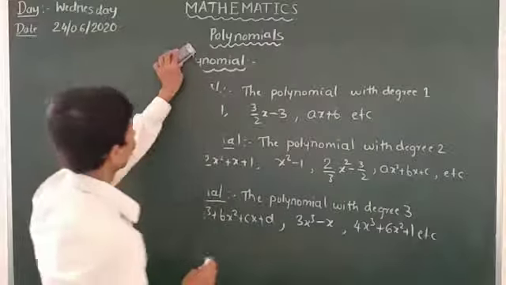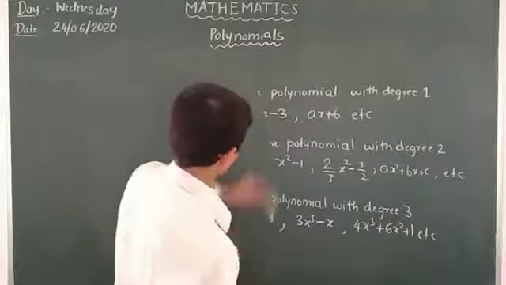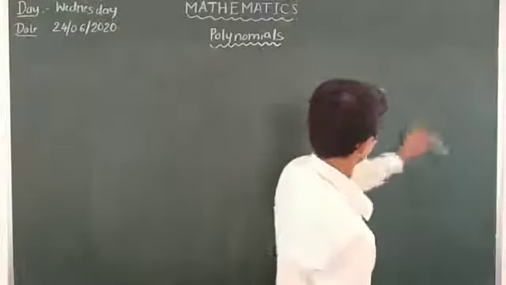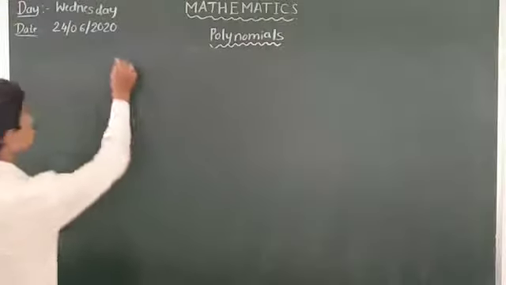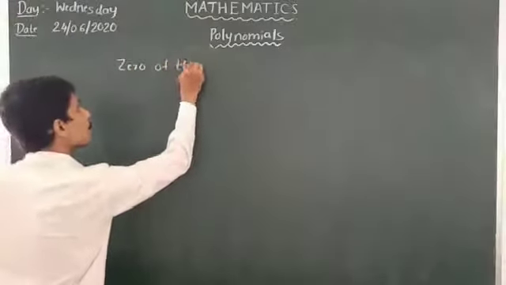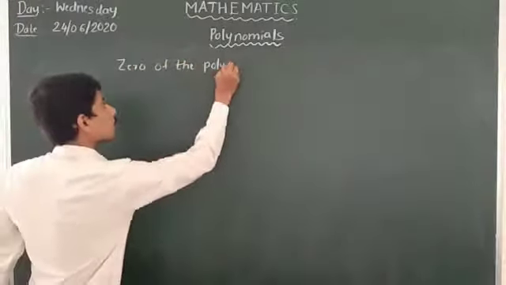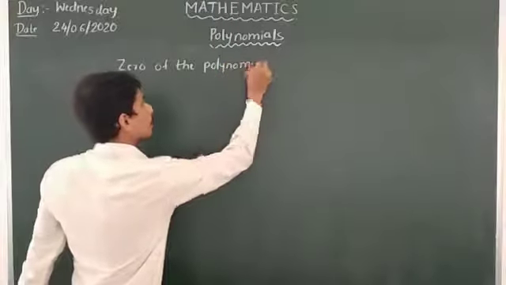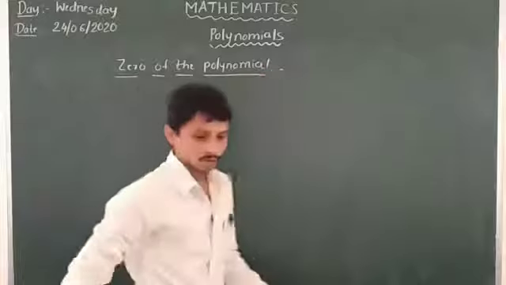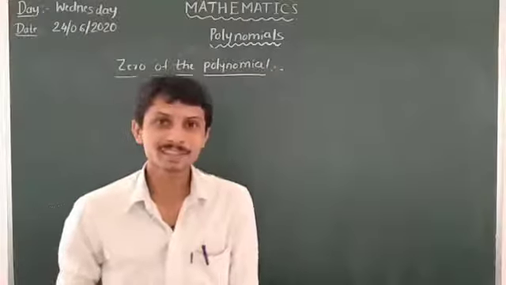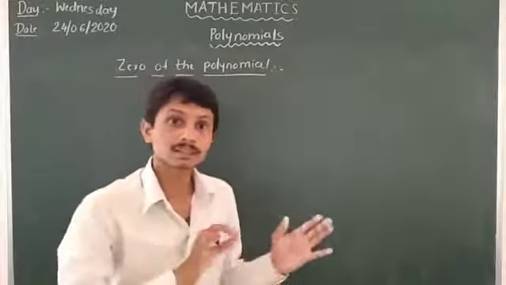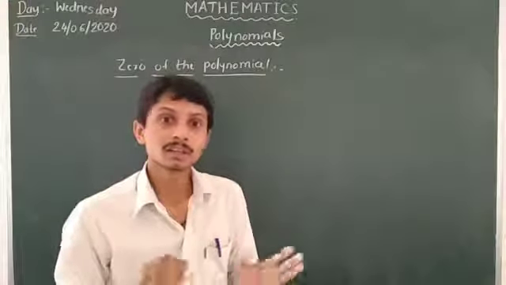Zero of the polynomial. Zero you already knew about. Zero means it's one of the numbers. But here it's not that zero.